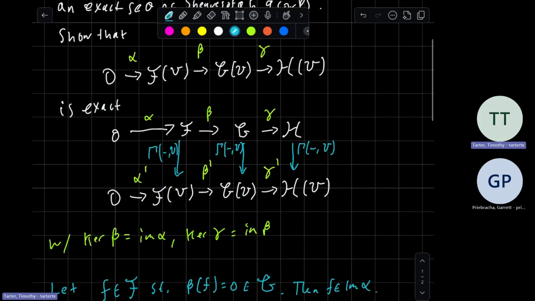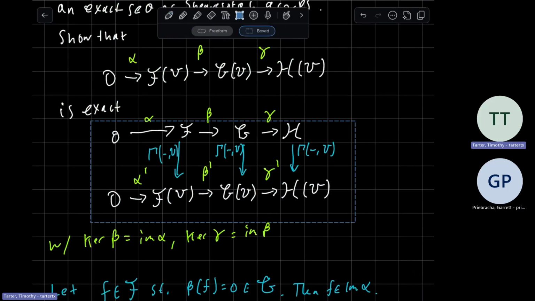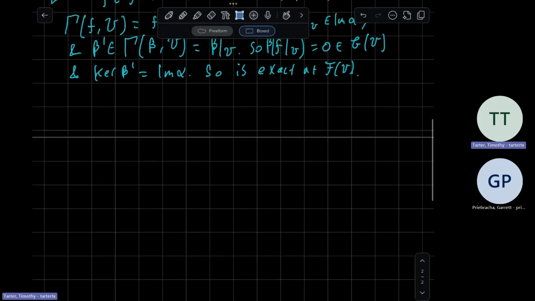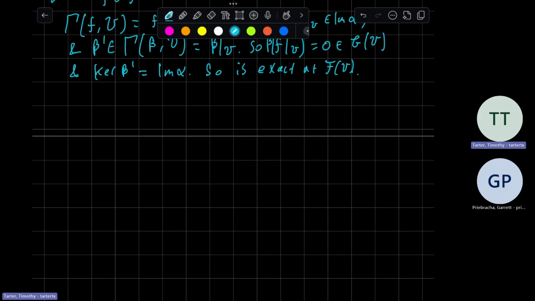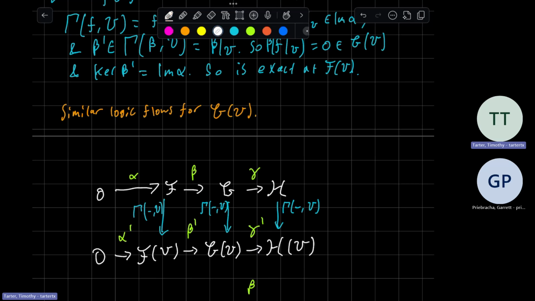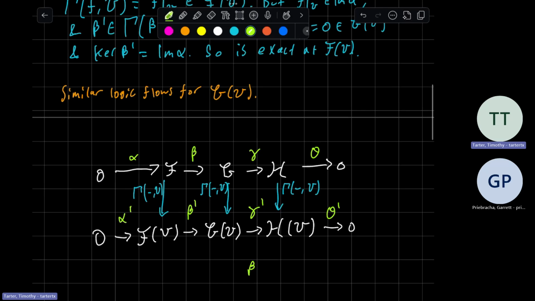And then there's this important plot point. Now consider the same diagram except we go into 0 by theta and theta prime.